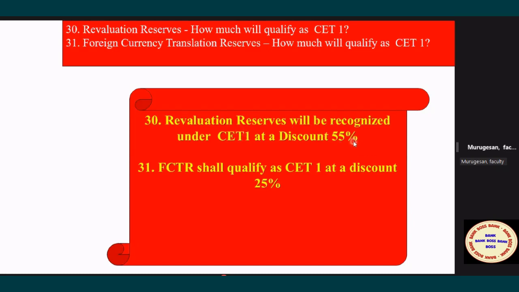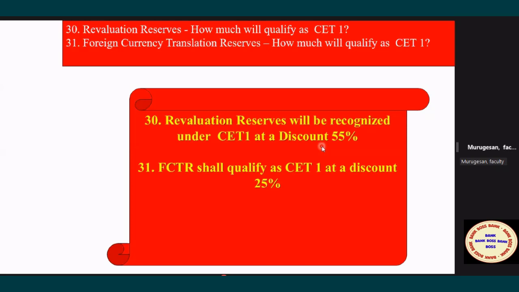Then don't ask where the 45 will go. It will be there only. Only for the purpose of calculating CET1, the 45% is taken into account, with a 55% discount. Otherwise, it will be there only. So it will be in Tier 1, sir?